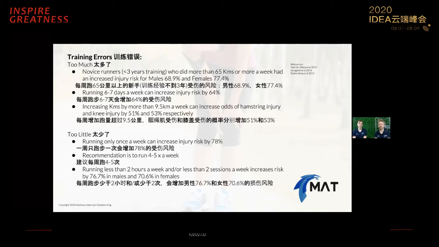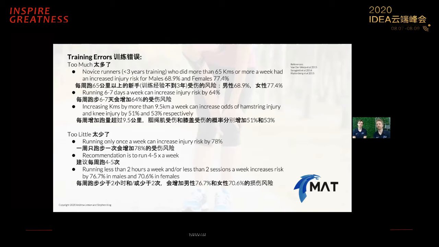So by understanding these common training problems and reducing the impact of these, we can hopefully decrease people's risk of injury.